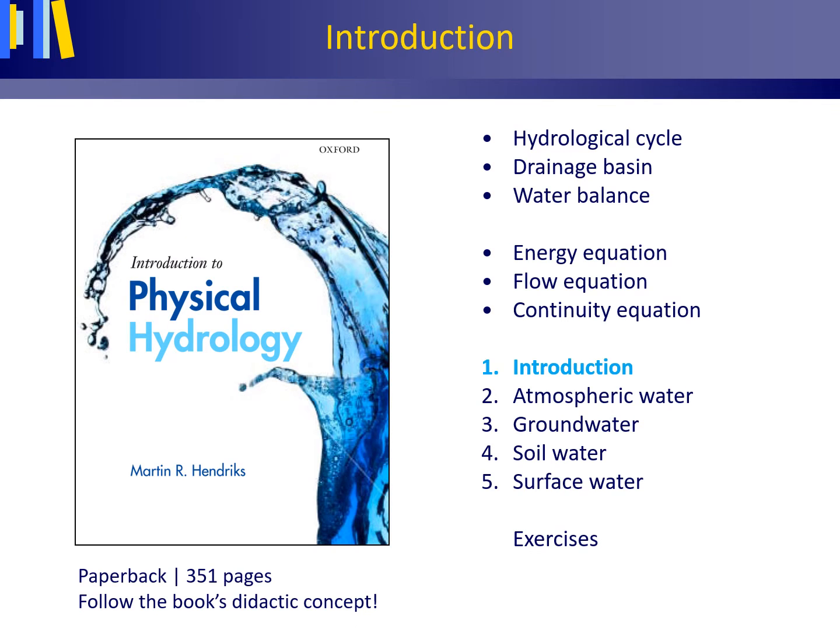This is the textbook. This book is written from a clear didactic concept that I developed over more than 2 decades of teaching hydrology at Utrecht University to both undergraduate and graduate students in physical geography, environmental sciences, and earth sciences.